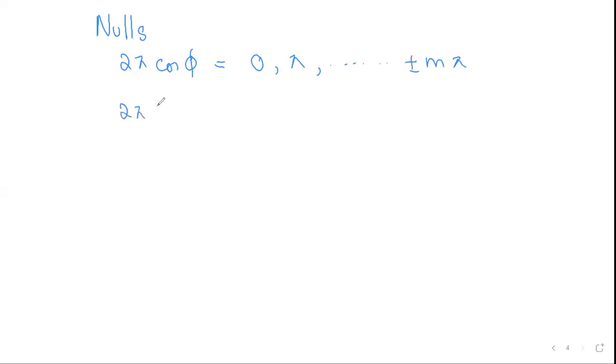Let us put the first one. Let us put 2 pi cos phi equal to 0. So then cos phi is equal to 0. Now phi is equal to 90. This is a conflict of interest. Just now we said that our maxima is coming. See, the denominator rules. It's undefined. That means over here you cannot have a null.